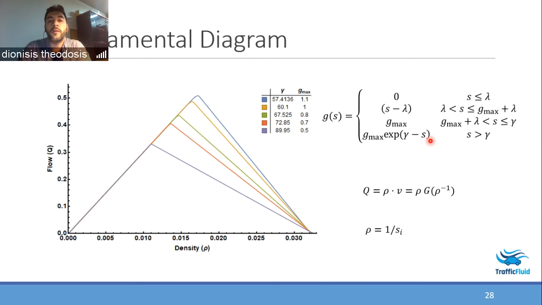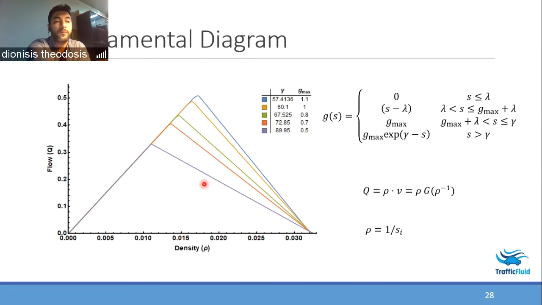Of course, for this function g, we can also calculate the fundamental diagram, and depending on how we design it, we can obtain different fundamental diagrams. This simple design allows us to have a triangular fundamental diagram. By designing the constants appropriately, we can have different critical points or capacity.